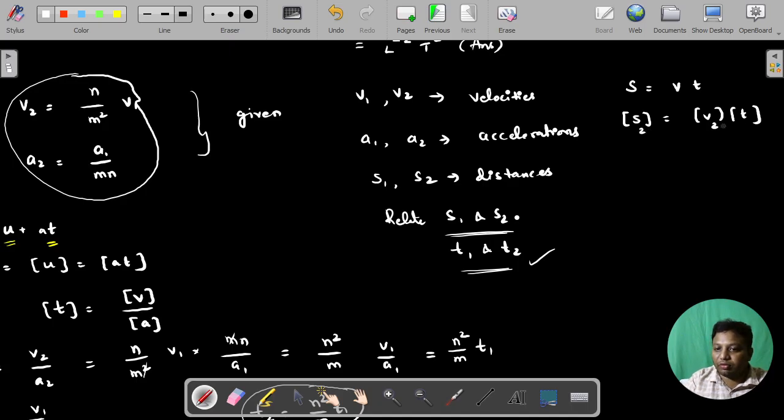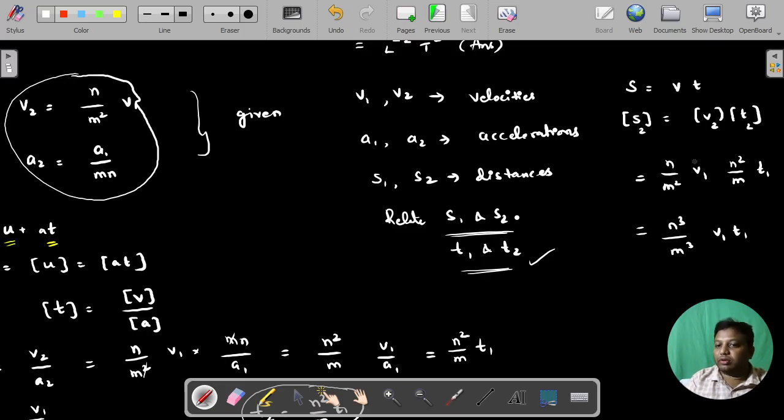S2, V2, T2. So what is V2? N by m square V1. What is T2? T2 we got just now, n square by m into T1. Now n cube by m cube, V1 into T1 we got.